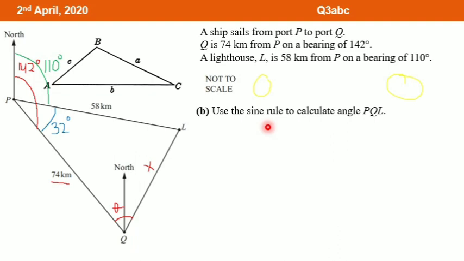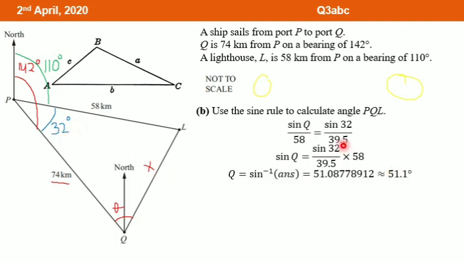Same, we are going to find the theta here, right? So I can make it sine theta per 58 equals sine 32 per x. I already wrote it over there. The x here we already found, right? As before, 39.5. So this is the counting. I can calculate using a calculator.